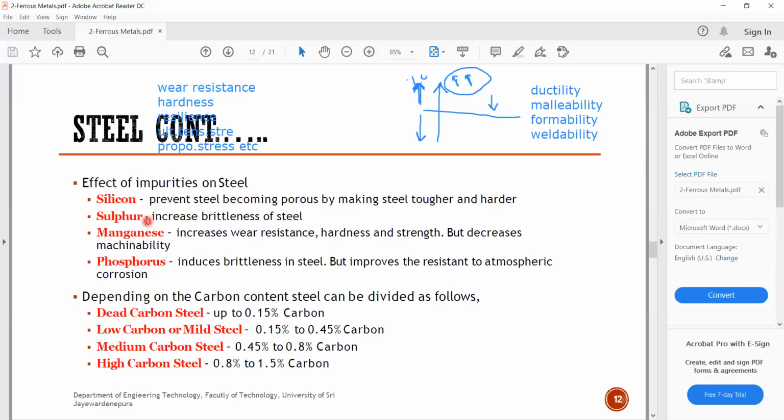Sulfur increases the brittleness of steel. That means if you increase the amount of sulfur, the brittleness of the steel will increase.